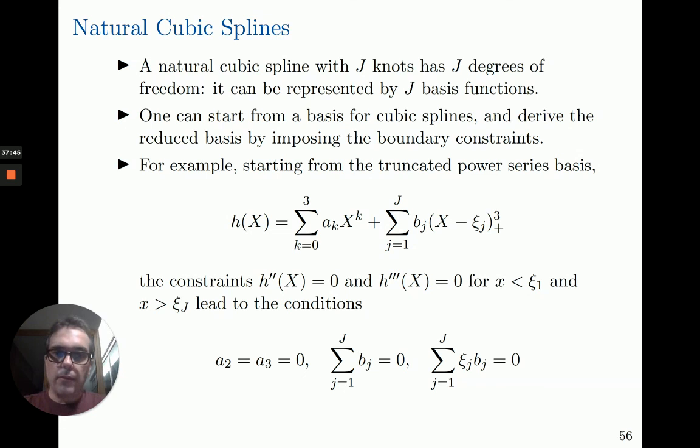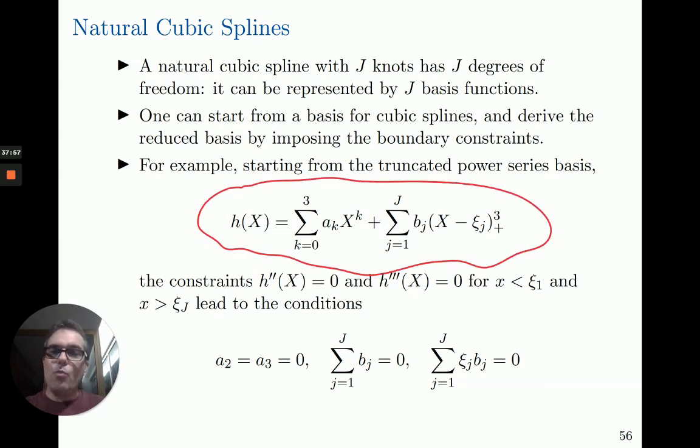So how will we do that? For instance, take something of order 3, that's our expression for the approximating function. Basically, we are going to include restrictions. First, that the second derivative of h is equal to 0, and the third derivative is equal to 0, for any x that's below the first knot or larger than the last knot.